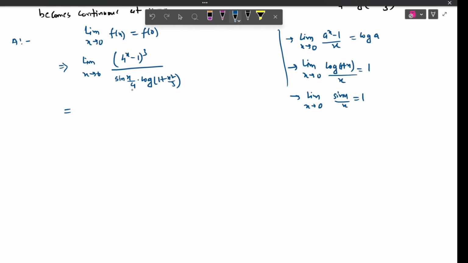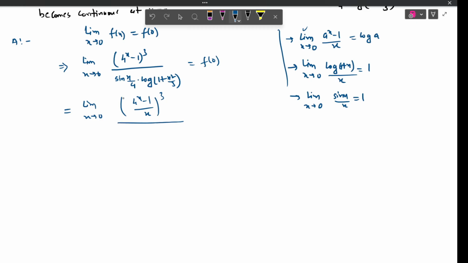So what we can do here, this is equal to f of 0, limit x tends to 0, 4 to the power x minus 1, because we have to take this in this format, 4 to the power x minus 1 by x whole cube. If we write in this format, we have taken x cube extra, so we have to divide by x cube.